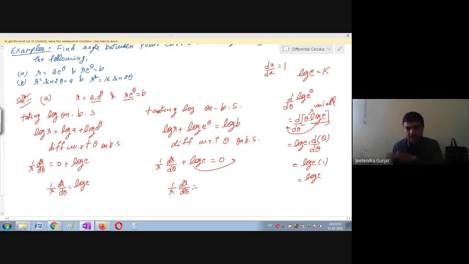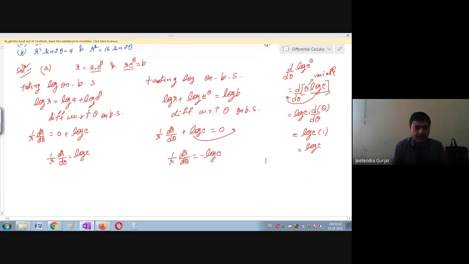If I bring it on the RHS, it is going to become minus log e. Now one can easily see what angle we are going to get here. That is cot phi is equal to log e, or cot phi is equal to minus log e. Is it clear?